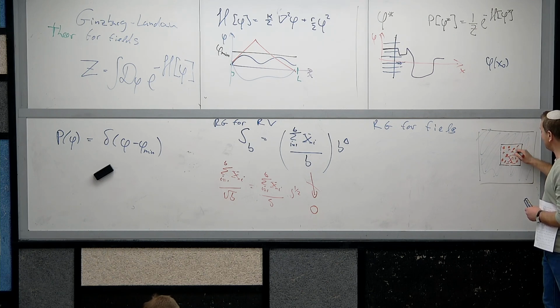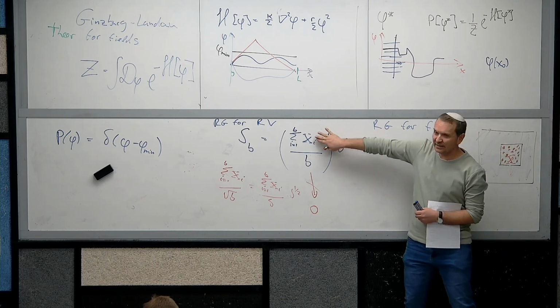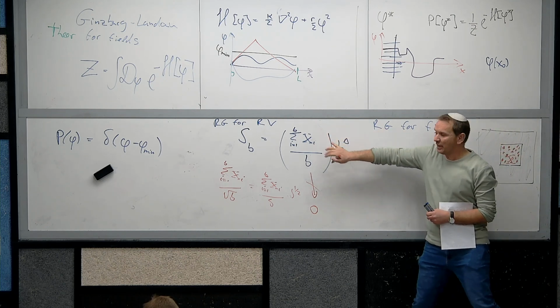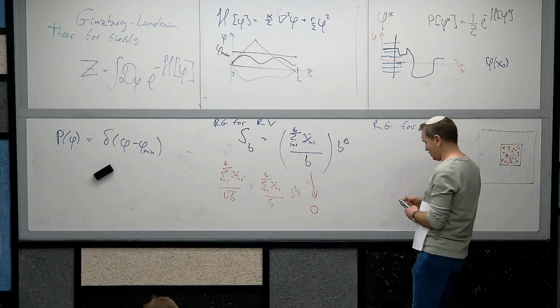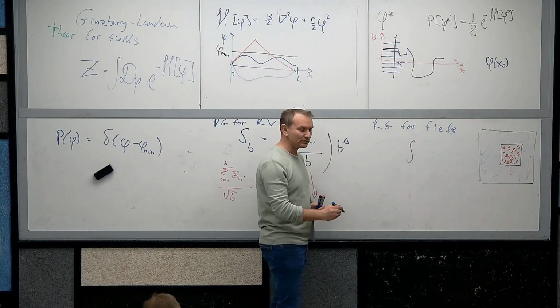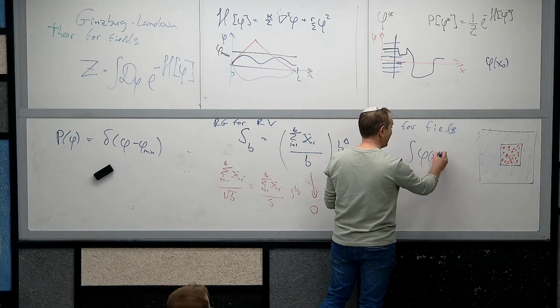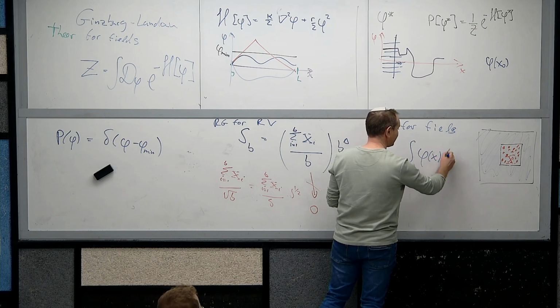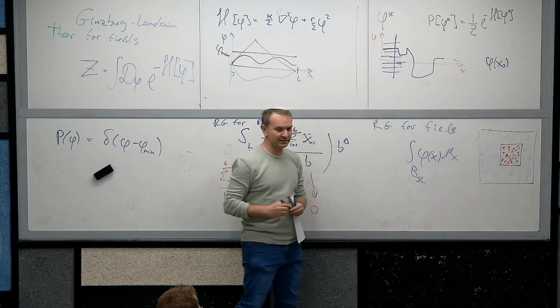Each value of my field inside the box is like a single random variable, and I have to average over all the possible different values that I have inside the box. Okay, so I'll take an integral of phi of x d^dx inside this box around this point, B(x).